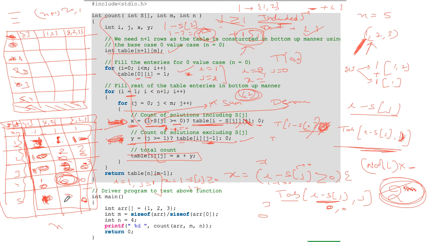If I don't have to include 2, then this is what I already have got. And if I have to include 2, then if after subtracting, the remaining is going lesser than 0, then I should not include it. So in that case, it should return me 0, sorry. Otherwise, it should return me this thing by including that and subtracting the previous entry.